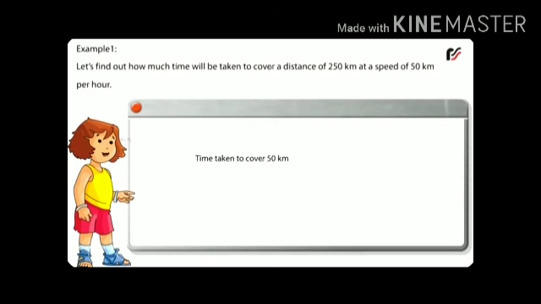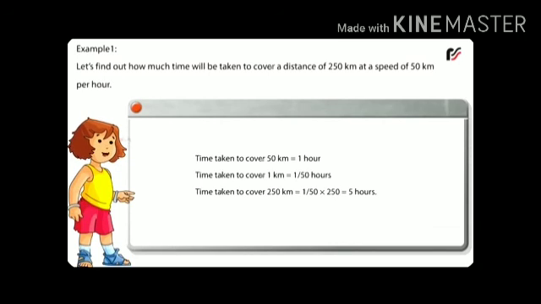Time taken to cover 50 km is equal to 1 hour. Time taken to cover 1 km is equal to 1 by 50 hours. Time taken to cover 250 km is equal to 1 by 50 multiplied by 250, is equal to 5 hours.